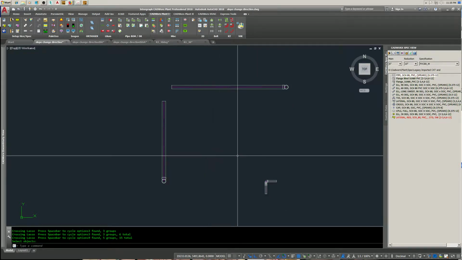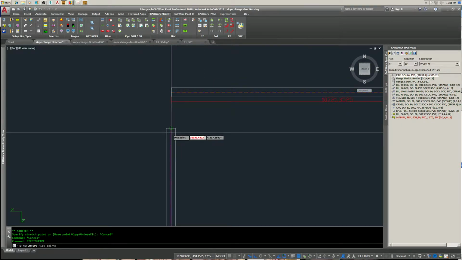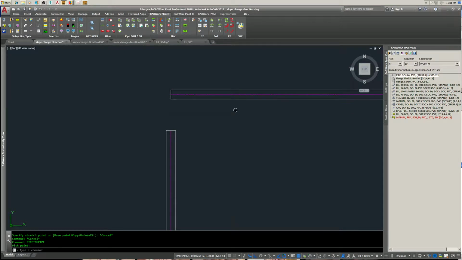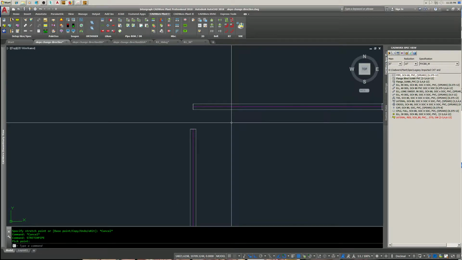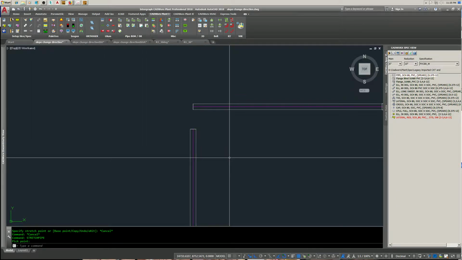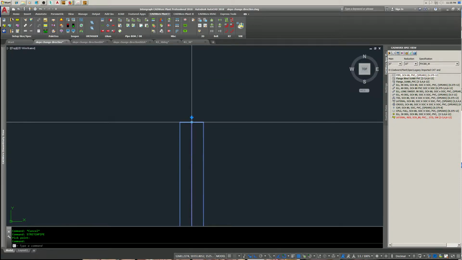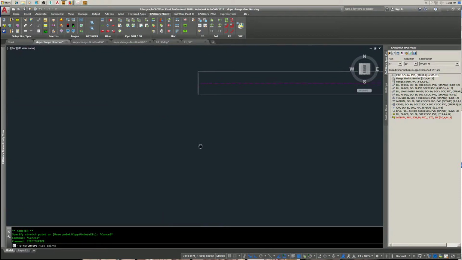Not only that, it just makes it more difficult to work in the model when it's not aligned to the world coordinate system. That's also true in Revit and in Navisworks.